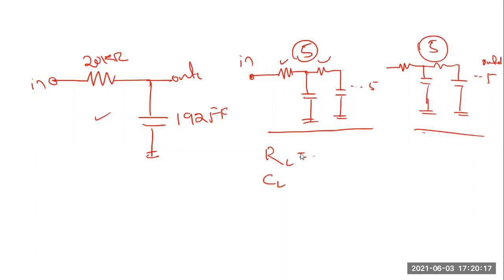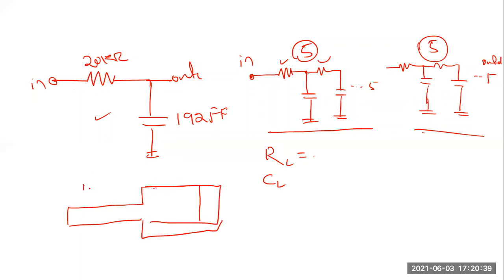So for this section you get 15K here and 5K here.